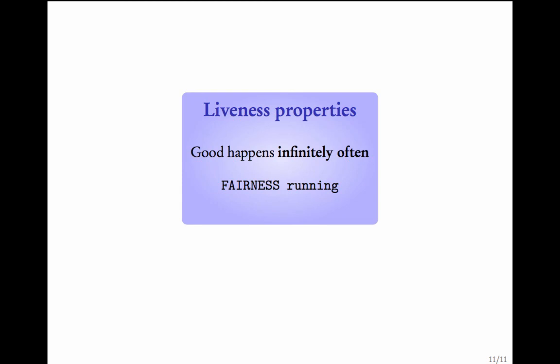Let us now summarize this module. We introduced what are called liveness properties, where you can check if something good happens infinitely often. While doing this, we need to take care of fair executions. We do not want to take care of executions where the process is not being scheduled at all, or the process stays in some state infinitely often just because of the way the transitions are modeled.